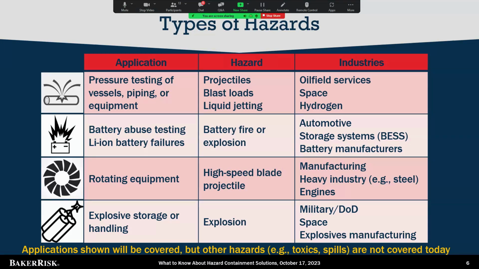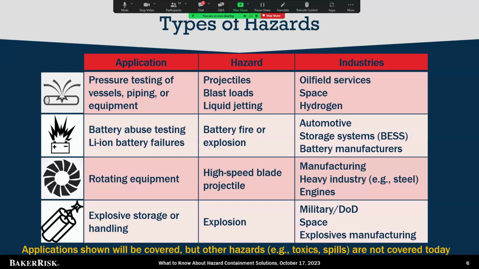Some of the common hazards considered for those are projectiles that could be thrown in an accidental burst or other type of failure, blast loads from a sudden release of high pressure gas, or liquid jetting. Industries that this is of common concern to are listed on the far right. This is places like in oil field services, space and space exploration, and the growing hydrogen industry has these concerns as well.